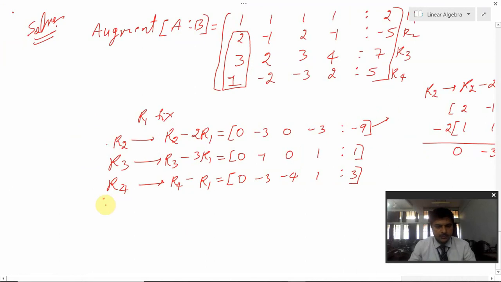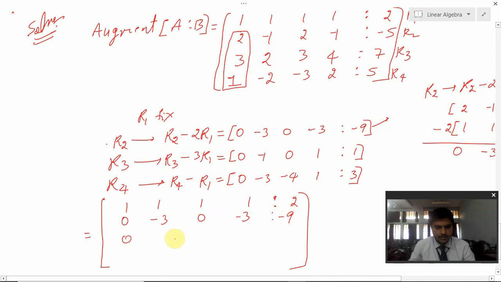Okay, now I will put it in the augmented matrix. So R1 is fixed, I will make no change in R1, 1 1 1 1 and this is 2. Okay, remaining terms, this is 0, minus 3, 0, minus 3, minus 9.